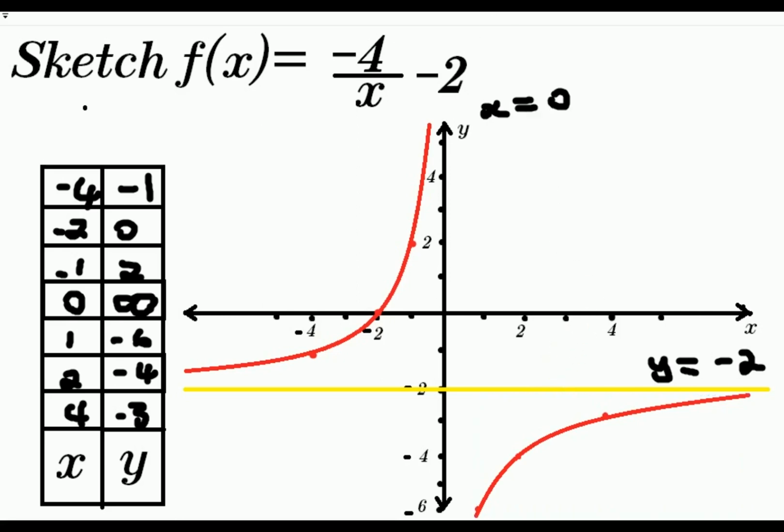Touching all the points, this is going to be our function f of x. Then we just add arrows to show that the function continues in either direction. So this is the function f of x.